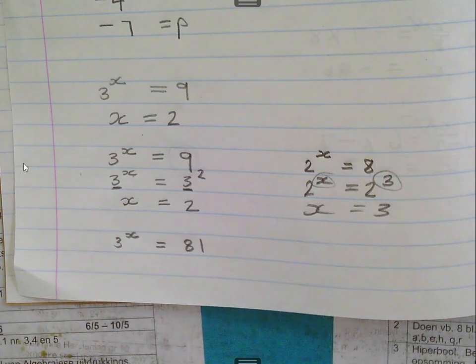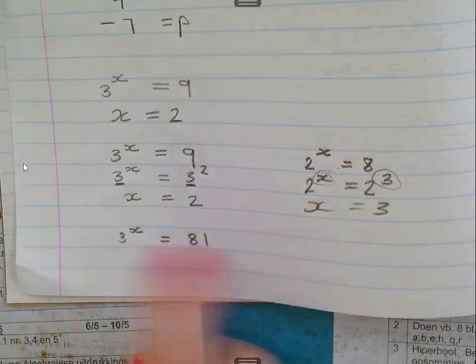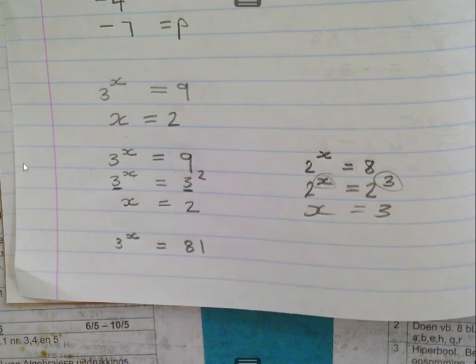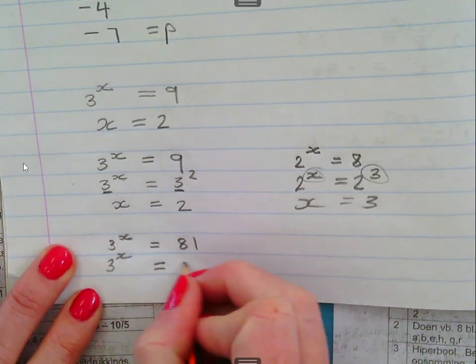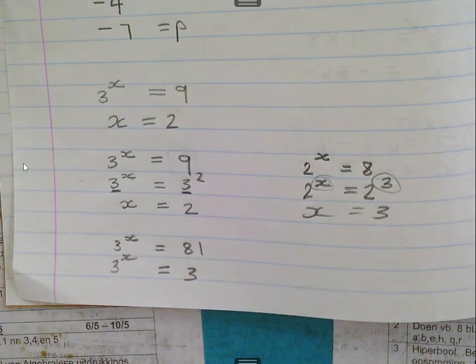But the base must be 3. We know it must be 3. It cannot be 9. You cannot say 9 squared because then the bases won't be the same. So this one must be 3 to the power of x, and this one must be 3 to the power of something. So all I need to do is determine 3 to the power of what?